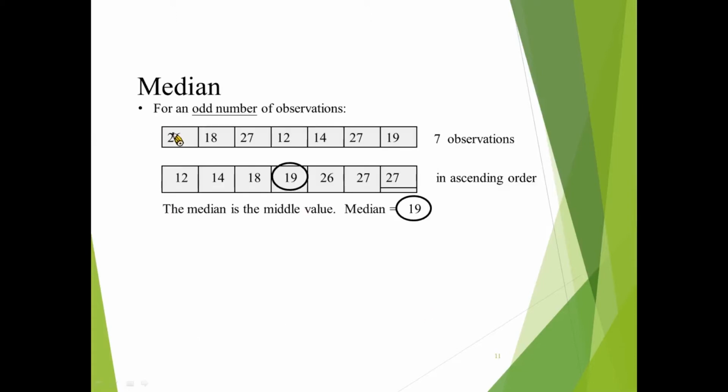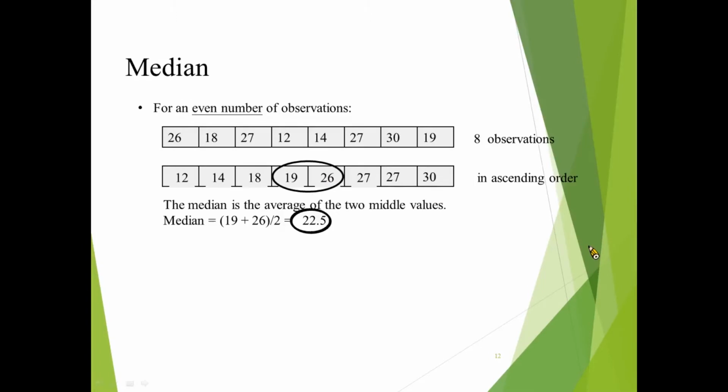You can see this table. We have 7 observations, and we need to rank them in ascending order. You can see the middle one is 19, the middle value. For the other example, this is an even number of observations, so we don't have a single middle one.